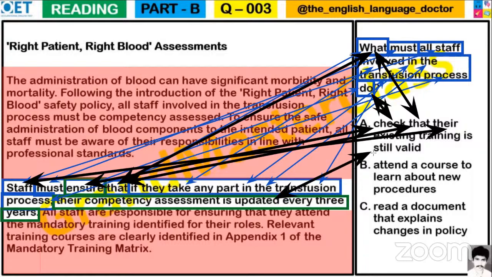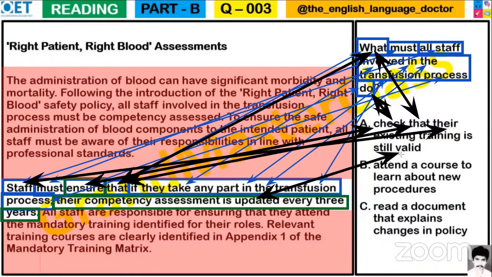If you do not, for example, your driving license is expiring. What will you do? You will extend the driving license. That means it becomes valid. If you update your driving license, it will become valid. Otherwise, it will become invalid.